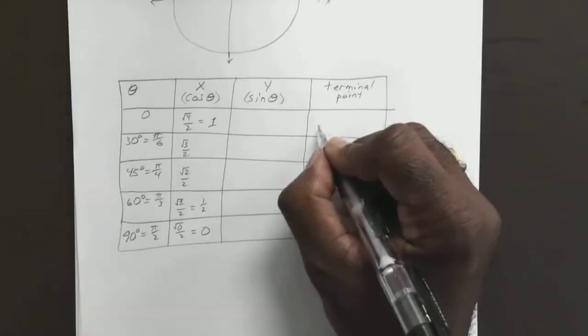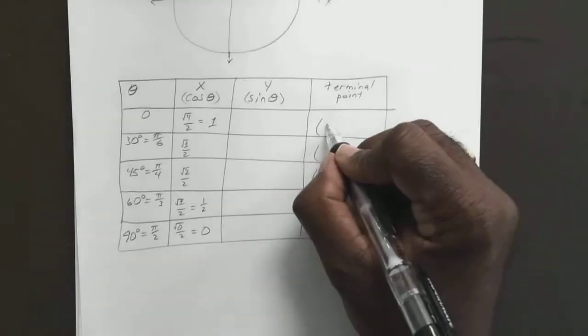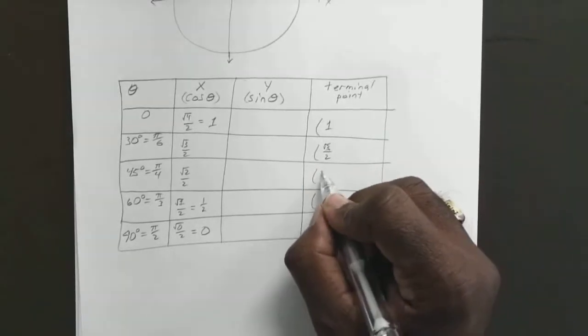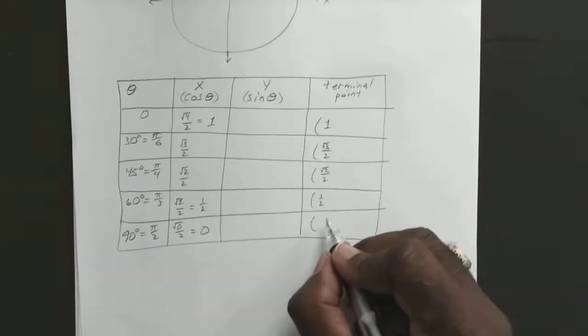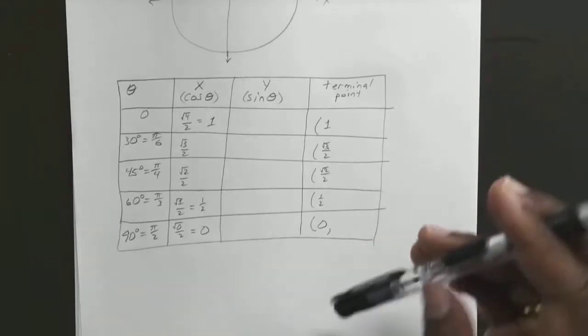Okay. So for each of our terminal points, we have our x values. We have 1, we have square root of 3 over 2, we have square root of 2 over 2, we have 1/2, and we have 0. Okay.